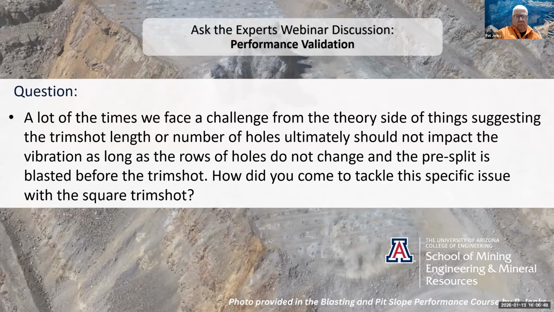It doesn't seem to matter what you'd say about theory. The best results that I see come from minimization and control of the trim shots against the wall, keeping it to maybe a maximum of 4 rows, never more than 5, smaller hole diameters, and a modified initiation sequence.